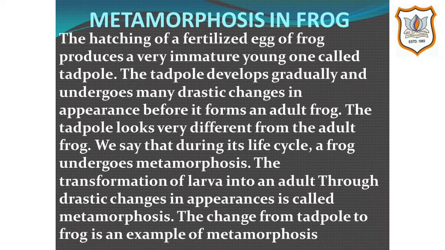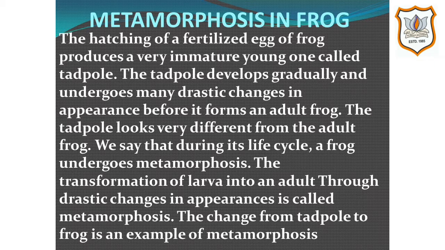The hatching of a fertilized egg of frog produces a very immature young one called tadpole, which is a larva. The tadpole or the larva of frog develops gradually and undergoes many drastic changes in appearance before it forms an adult frog. The tadpole looks very different from the adult frog.